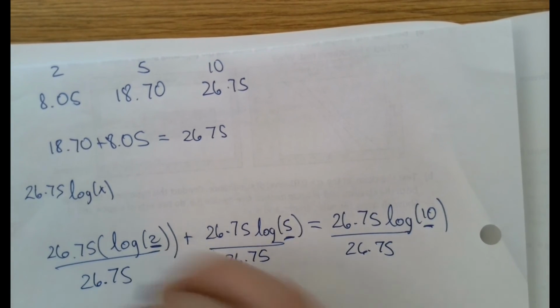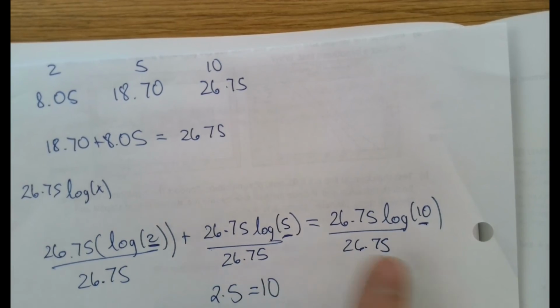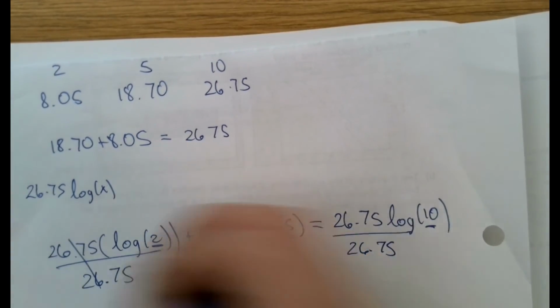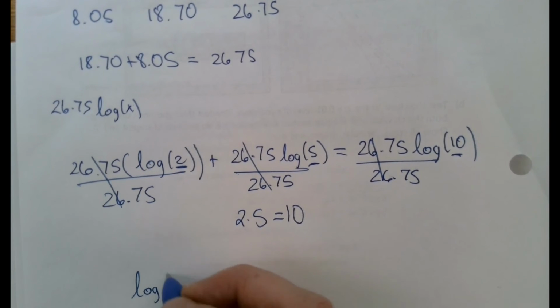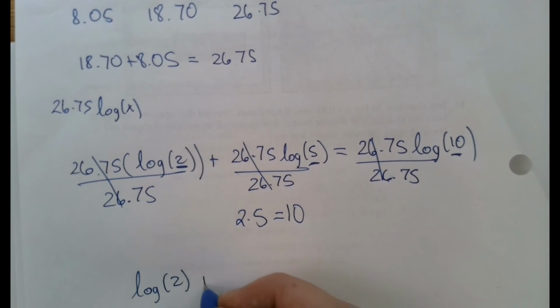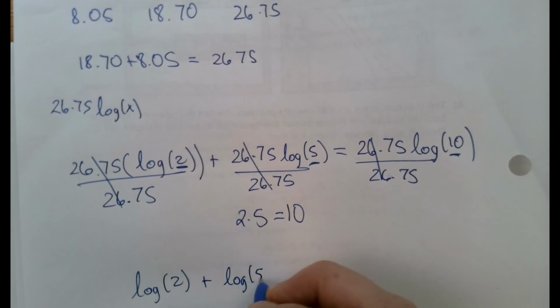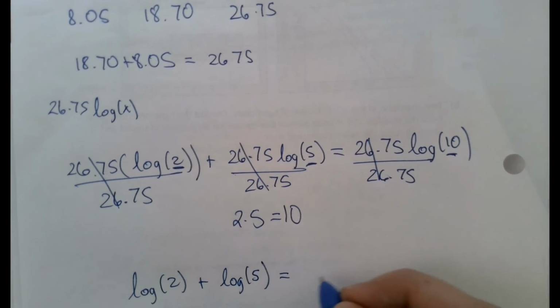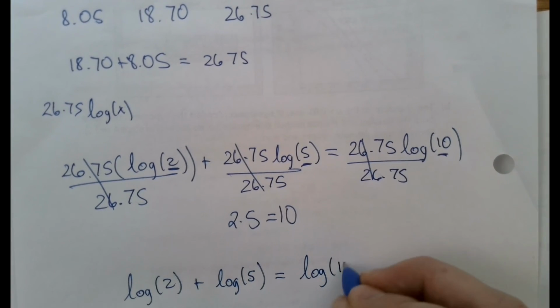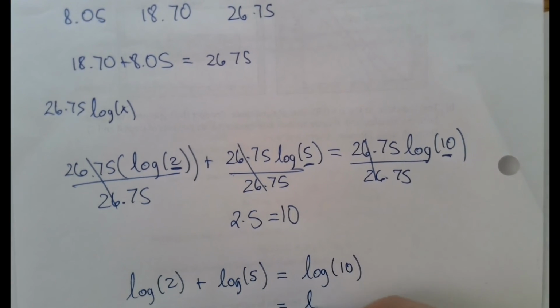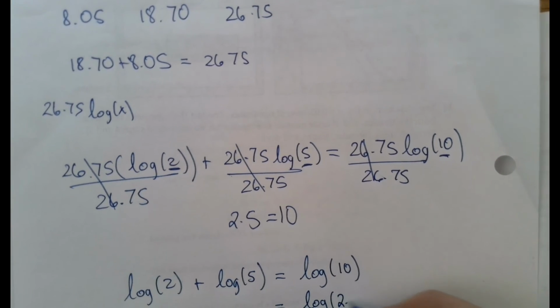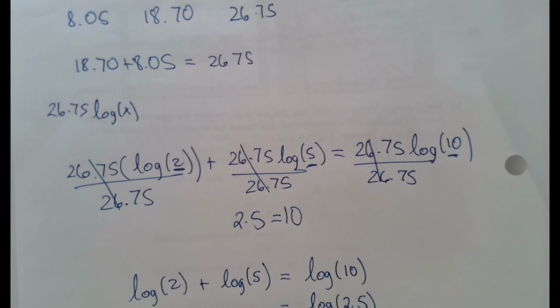And this is a valid thing because we're dividing both sides of the equal sign by the same thing. So all this cancels, and we're left with log base 10, common log of 2, plus log of 5 is equal to log of 10. And just maybe to help us note some things, we could also write this 10 as 2 times 5. That's more or less what I was stating before.